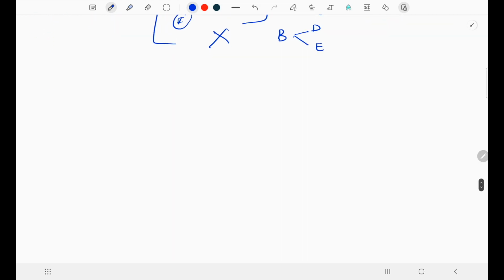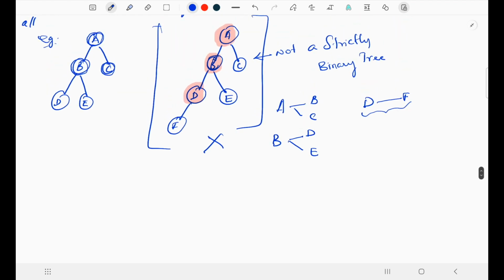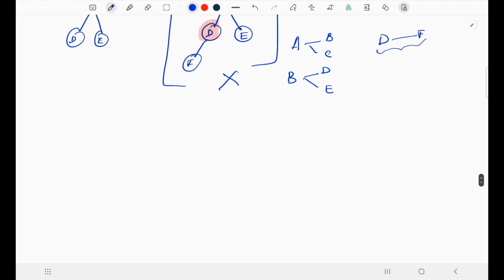Now, I can extend the definition of a strictly binary tree.